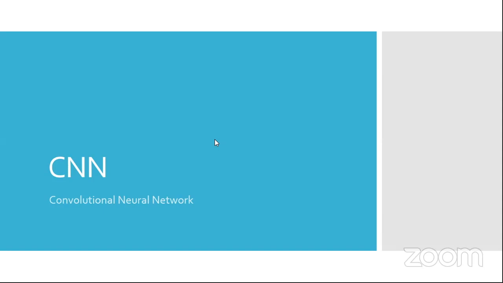The main motivation behind the name neural network basically comes from the way our human brain works. All the algorithms which we discuss under deep learning are exactly inspired, or you can say motivated, by the way our human brain works. And in our brain, we have millions of neurons.